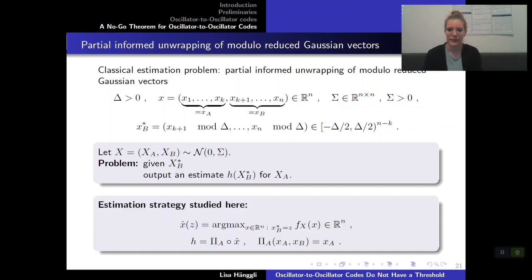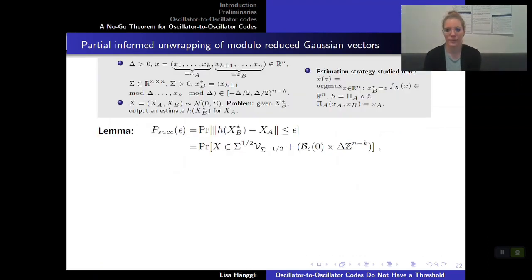Okay, and the strategy that we use here, of course, corresponds to the maximum likelihood error decoding. And here it finds the most likely vector fitting the modulo reduced B part, and then one just takes the A part of this vector as estimate for the actual A part.